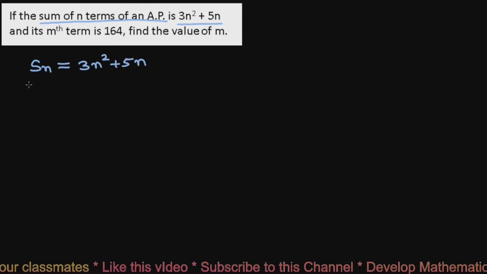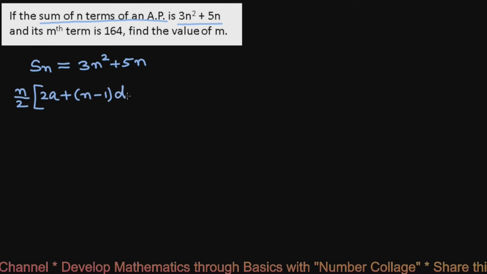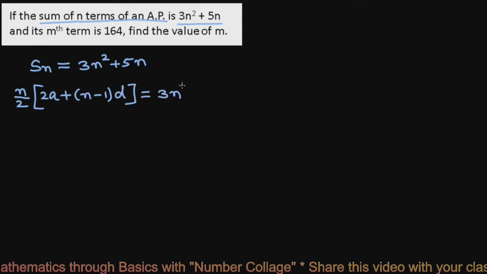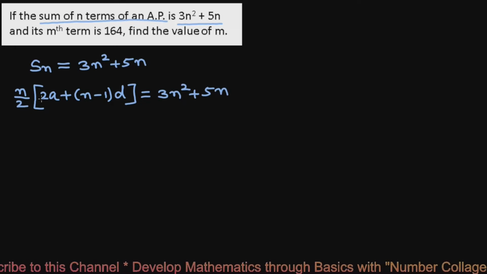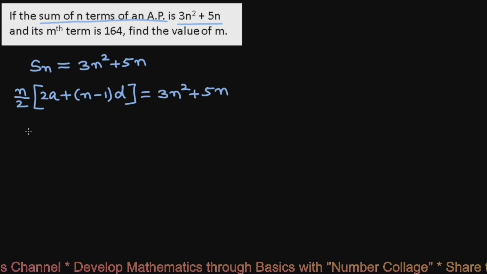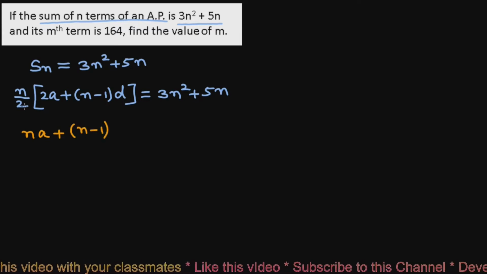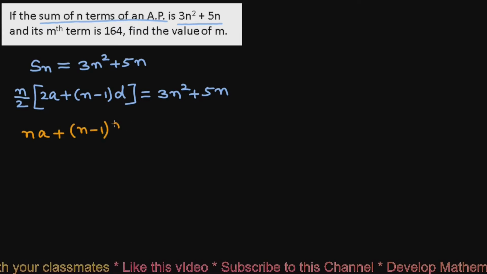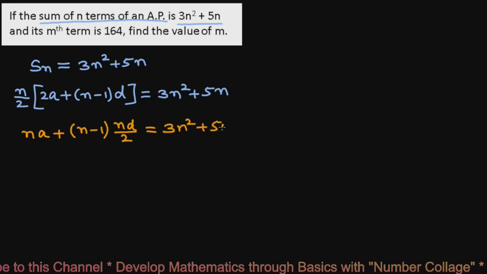That will be n by 2 into 2a plus n minus 1 into d equals 3n square plus 5n. Next, n by 2 multiplied by 2a will be na plus n minus 1 n by 2 multiplied by d will be nd by 2, that equals 3n square plus 5n.